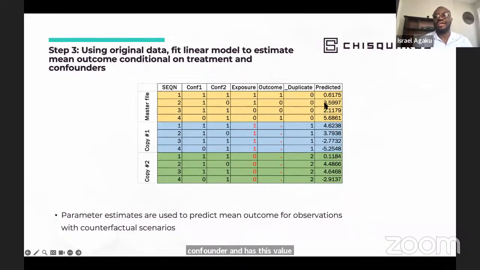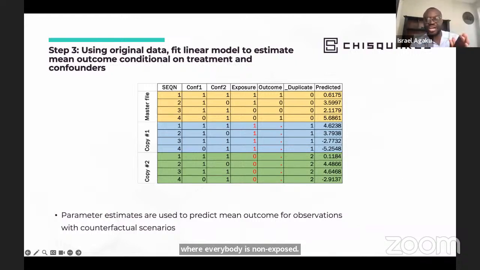The prediction applies to the whole data set, not just the original data set. So we've now successfully predicted the mean values for the second data set where everybody is exposed, as well as the third data set where everybody is non-exposed.